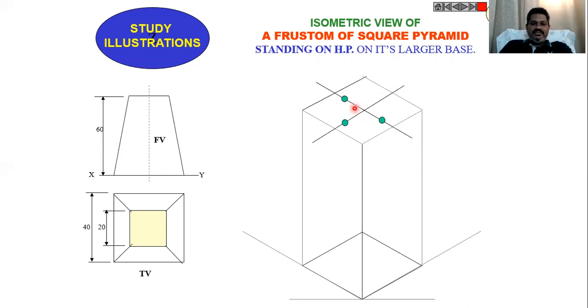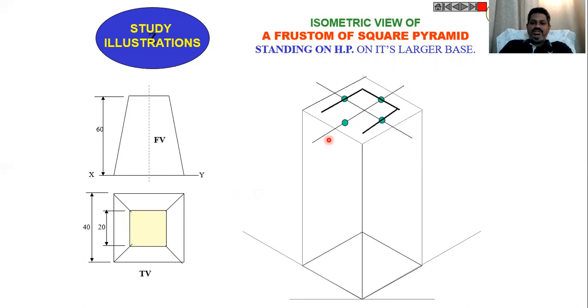On these bisectors, locate 20 mm and 20 mm, and from the intersection point it is 10 and 10. The distance between these two points is 20 and 20. Locate the four corners of the top view on these two perpendicular lines.